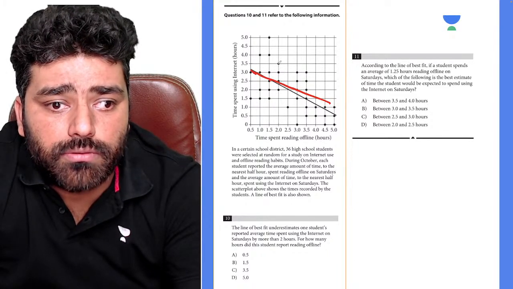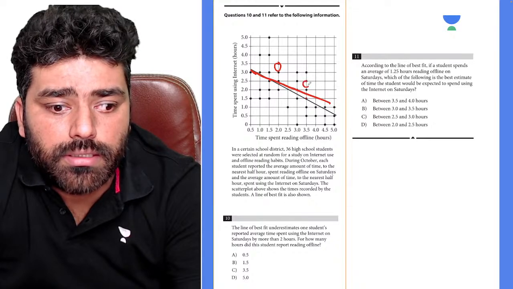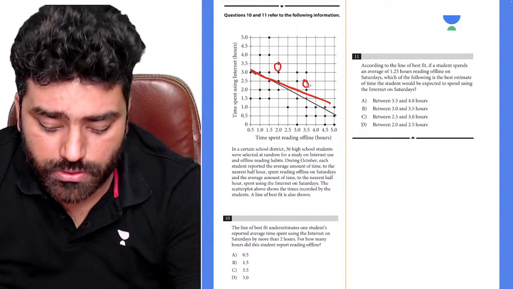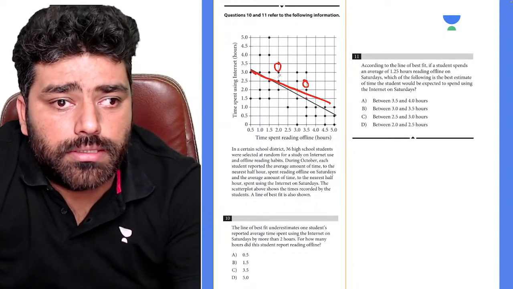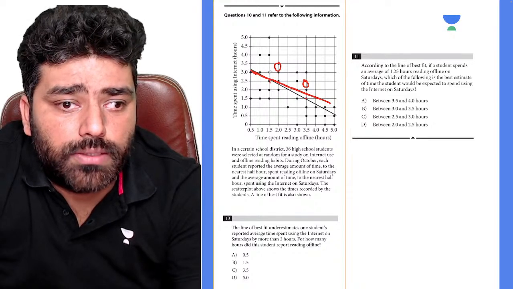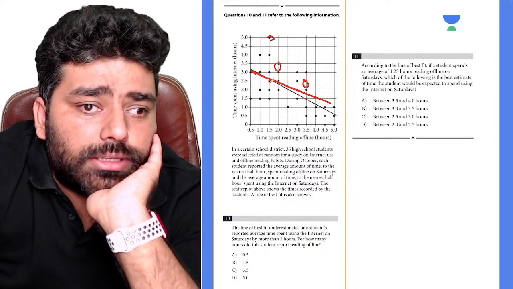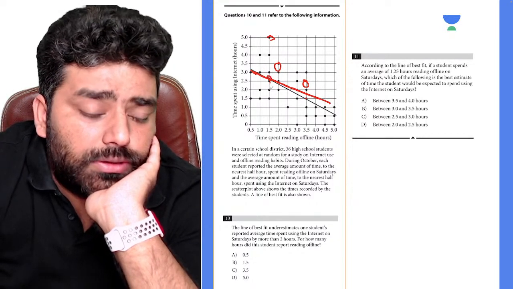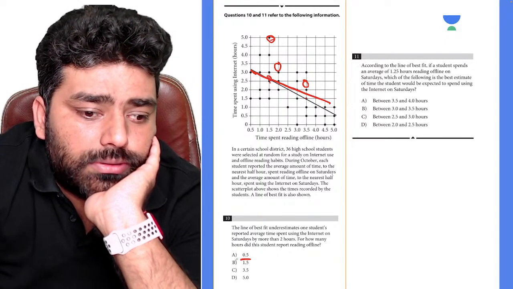In this case, it can be 3.5, right, guys? For this one as well, because this is 2.5 and this is more than 2 hours. And for this one, 1.5, it is also more than 2 hours.